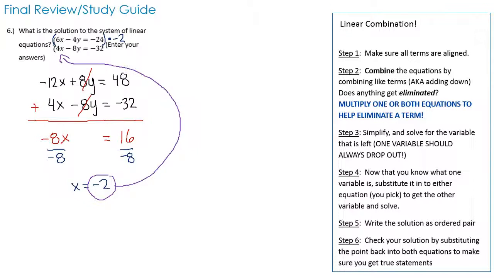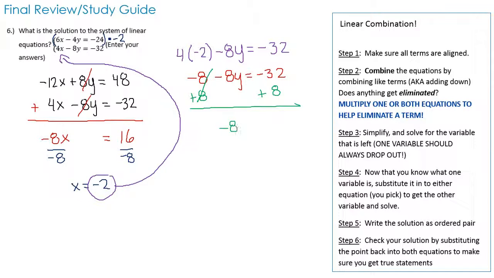So that gives us 4 times negative 2 minus 8y is equal to negative 32. And now we simplify from here. 4 times negative 2 gives us negative 8 minus 8y is equal to negative 32. Add 8 to both sides of that equal sign.